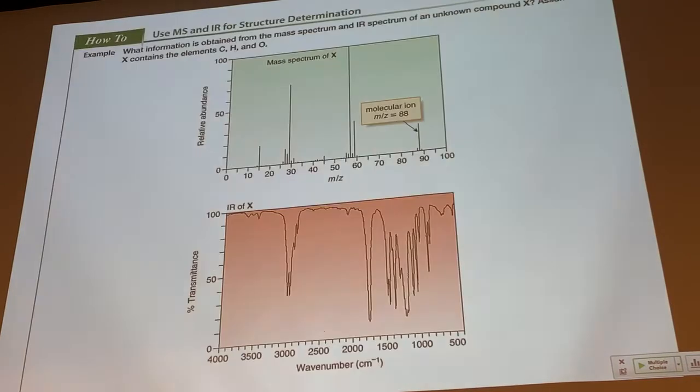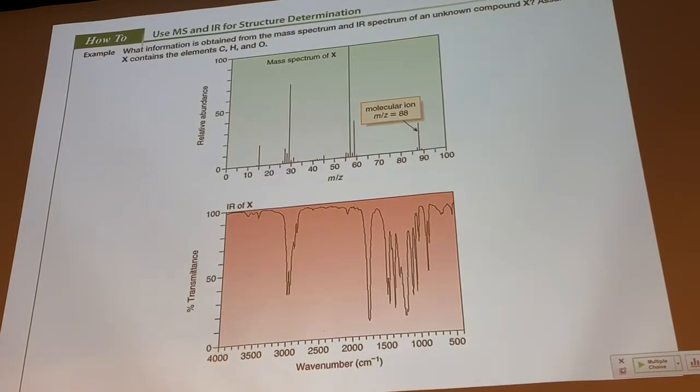Okay, and then the last one we're going to look at is helping us figure out how to use mass spec and IR data together to come up with reasonable molecular formulas for a molecule. Let me back up and say that there's more than one way to approach these kinds of problems.